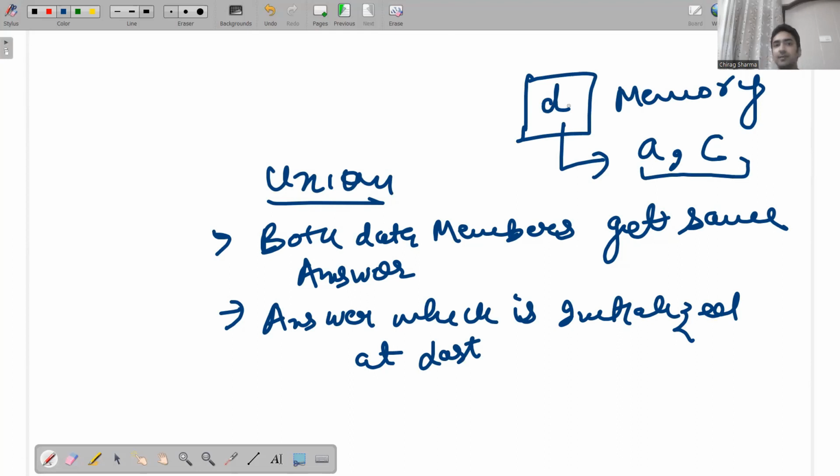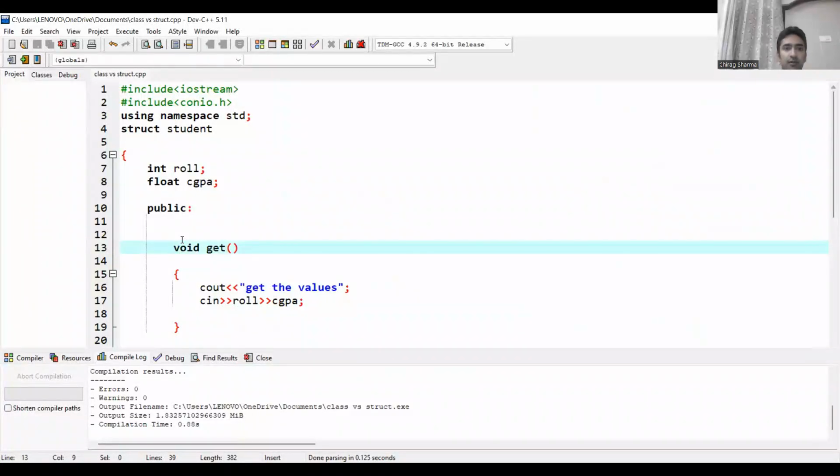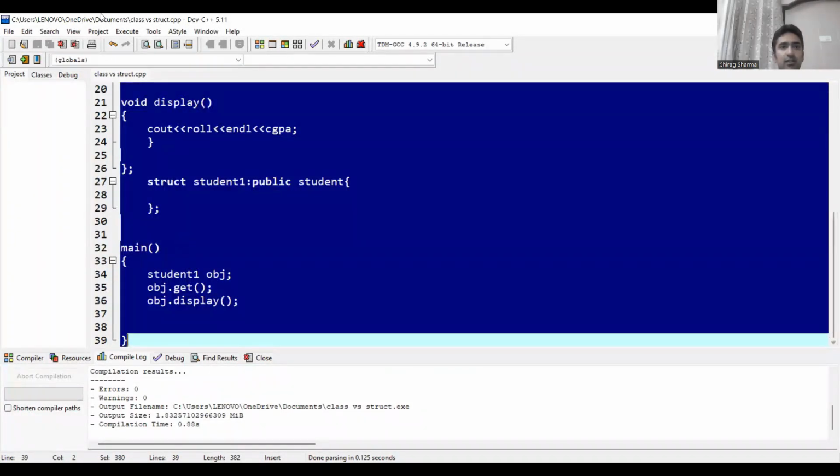The answer was D, but A was integer and C was character. So in character, D is fine, but for integer its answer would be 100, and for character its answer was D. So I'm just implementing the same thing in terms of C++, the same scenario with structure and union.